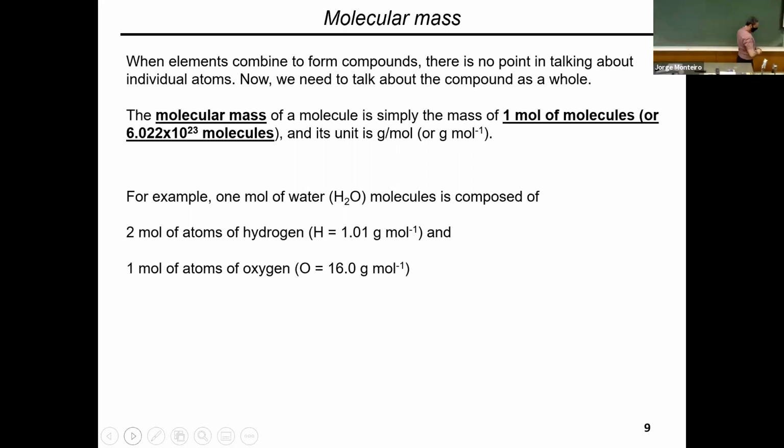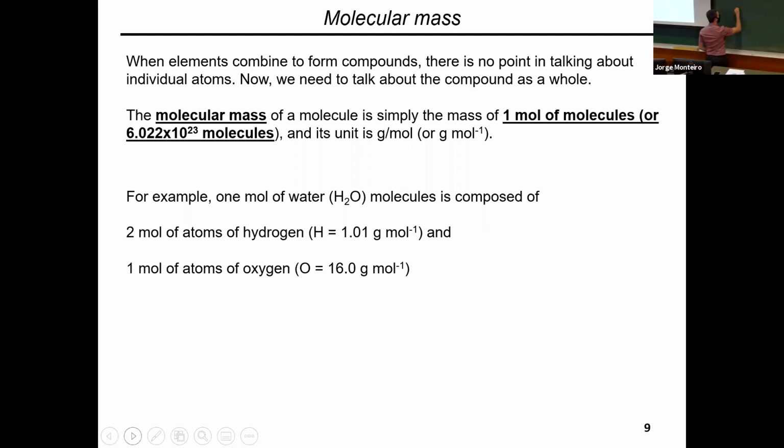Okay, so now we are not talking about individual atoms, but we are looking at the molecule as a whole. So let's, for example, take a look at water. Everybody knows the formula of water, H2O.